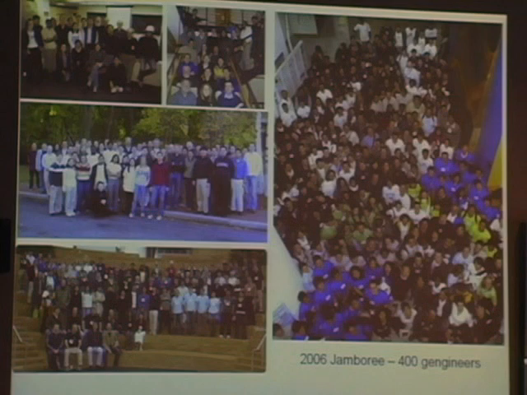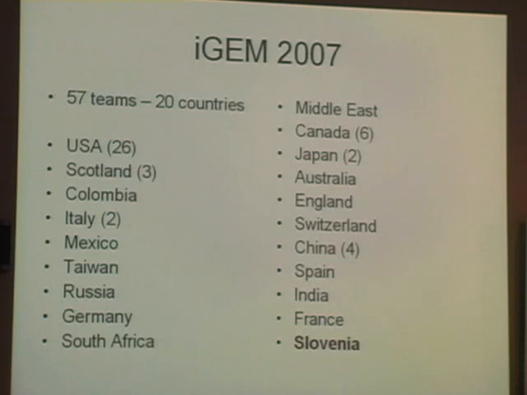In 2005, there were 13 schools. Last year, we had 37 schools from 15 countries, and it just keeps growing around the world. We just closed registration for this year, 57 teams, 20 countries. It's really international now. I was really surprised by the additions of Russia and a number of teams from China.